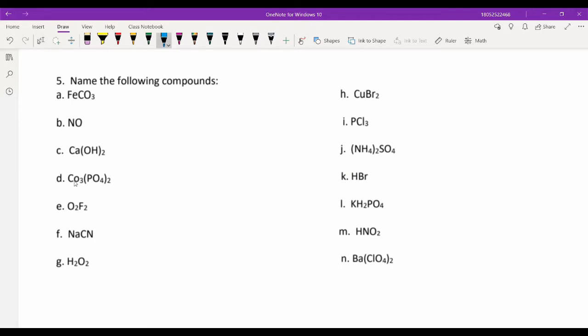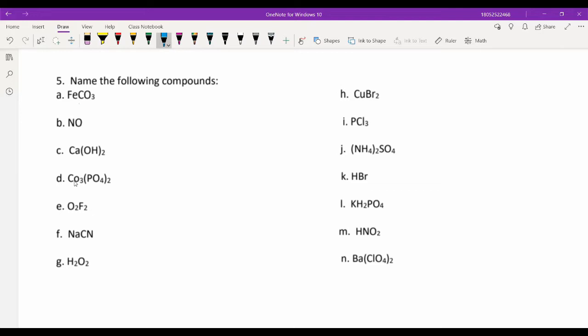Okay, so we have a choice to make when we're naming. Is it ionic, is it covalent, or is it an acid? That's what you want to learn, the types of atoms present in the formula. A metal and a non-metal is going to be ionic, or if it involves polyatomic ions.